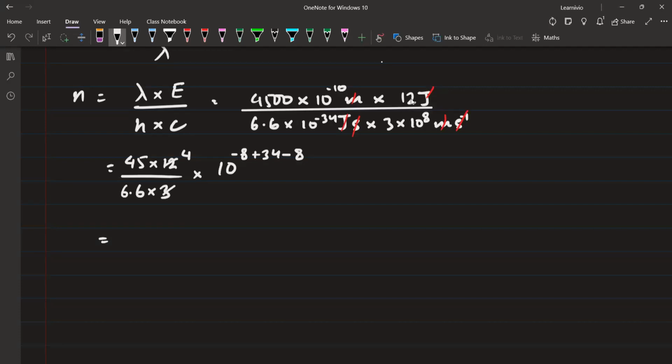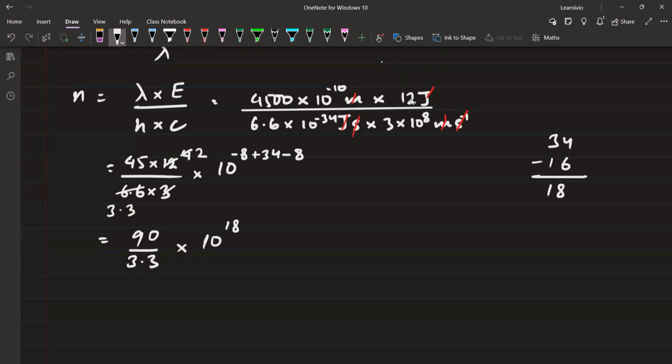And this will be 3.3 and this will be 2, है ना? 45 2 से 90 होता है. 90 upon 3.3 multiplied by 10 to the power 34 में क्या करना है? -16. 16 this will be 18, है ना? 10 to the power 18. 3.3 divided by 90.